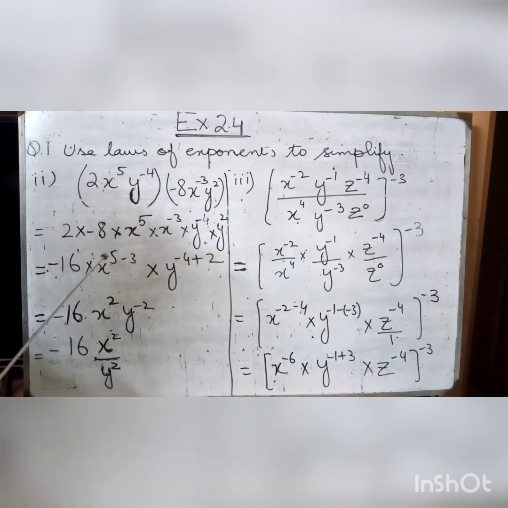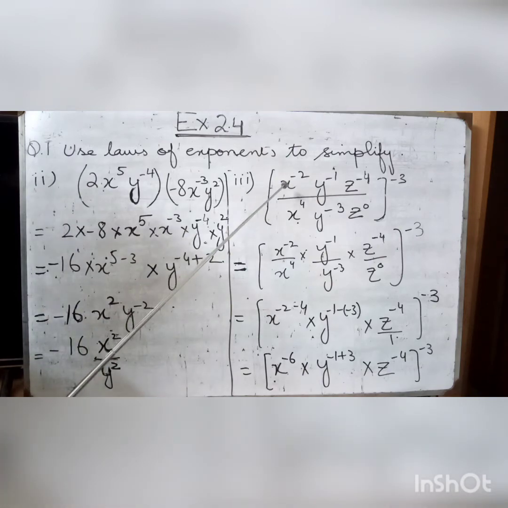According to the laws of indices, we have x raised to power 5 minus 3, y raised to power minus 4 plus 2. After simplification, we have minus 16 x squared y raised to power minus 2. Due to this negative sign, it becomes denominator. So we have the answer minus 16 x squared over y squared.